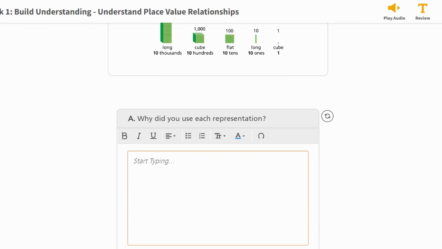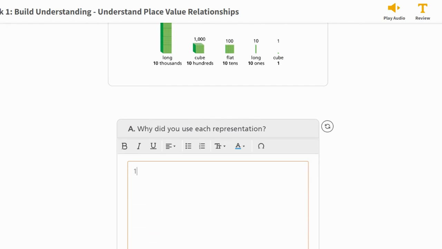Why did we use each representation? Well, we know that one long is made of 10 cubes. One flat, so 100 flat, is made of 10 longs. 1,000 cube is made of 10 flats.